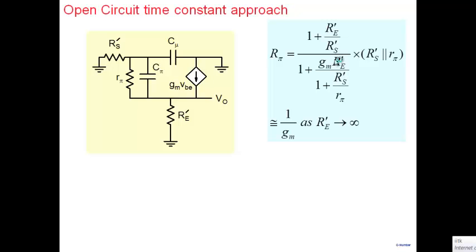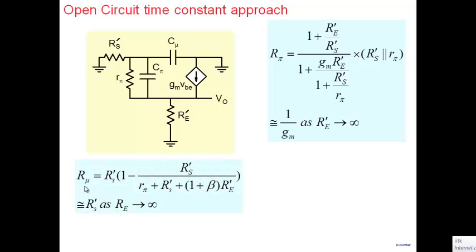All you have to do is substitute proper values of RE dash, RS dash, and all that here. For an accurate value, you just put in the values of RE and all the parameters and you'll get the value of R pi. But as an approximation, if the resistor in the emitter is sufficiently large, then this whole expression ends up as 1 over Gm. The resistor seen by C pi becomes simply 1 over Gm.